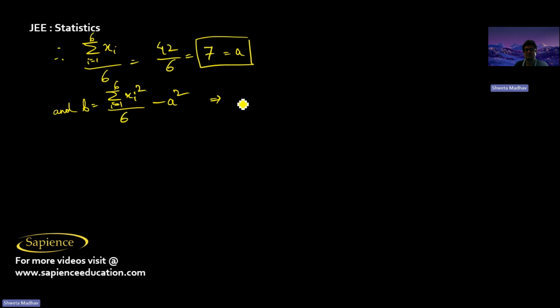Therefore, I can say B is equal to summation xi square, that is 364 divided by 6, minus 7 square.